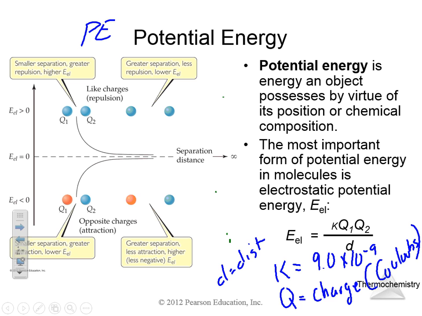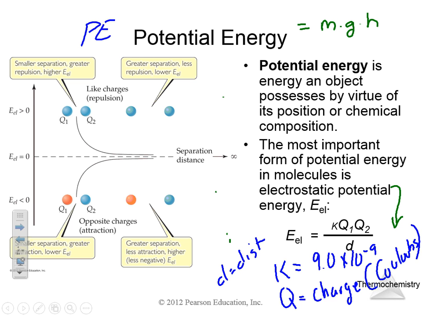If we were just talking about general potential energy, remember potential energy is equal to mass times gravity times height. And that's kind of how you learned it in physical science in 9th grade. Remember, there is a distinguishing difference. We're talking about electrostatic potential down below and just general potential energy up top, m times g times h.